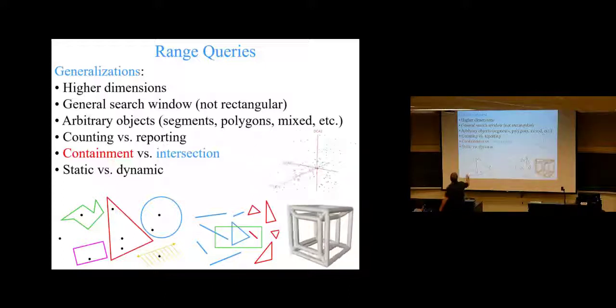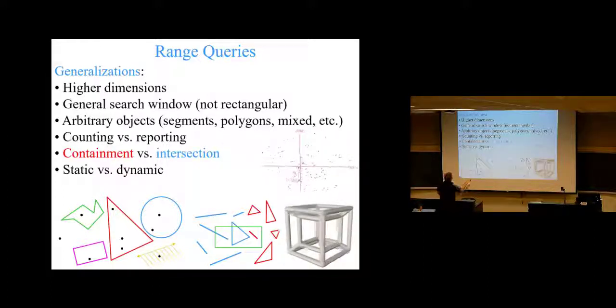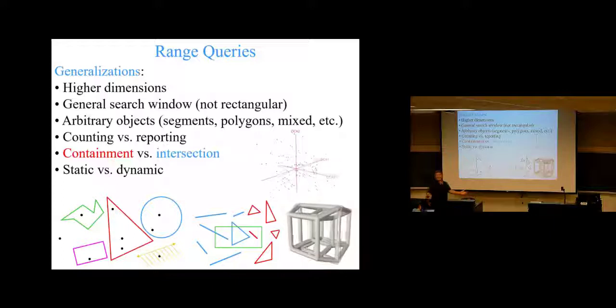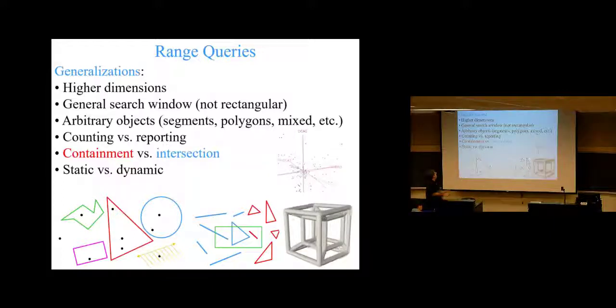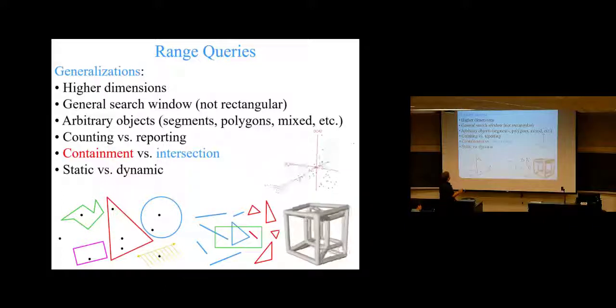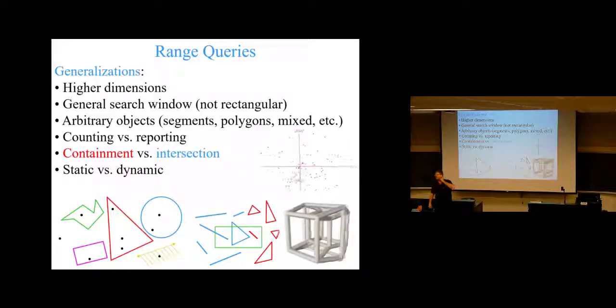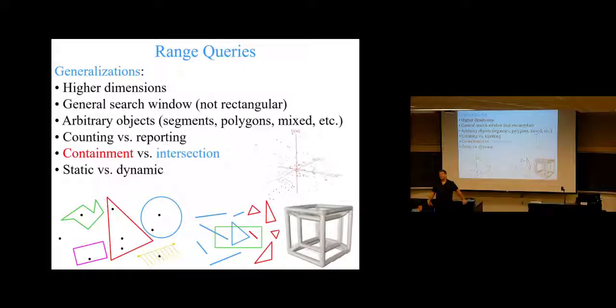You can have a four-dimensional version where the objects are arbitrary polygons, or polytopes, I guess, in higher dimension. And then it could be dynamic on top of that, and you want to separate intersections from containments, and on and on and on. You can have a combination of these variations together, and then you get more and more complicated scenarios.